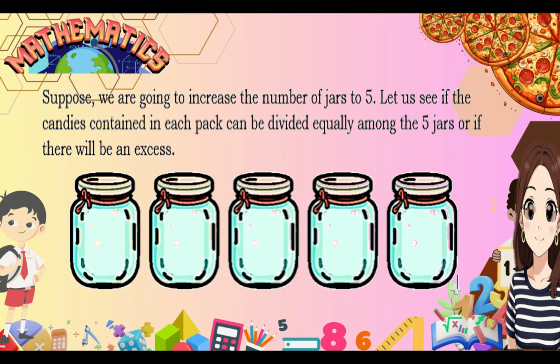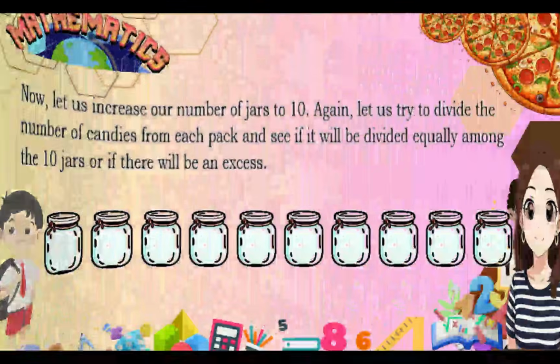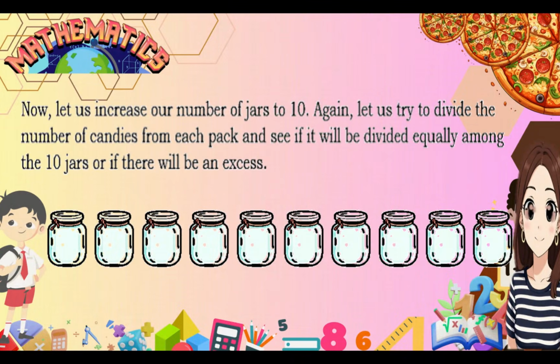Let us see if the candies contained in each pack can be divided equally among the 5 jars or if there will be an excess. And now lastly, let us increase our number of jars to 10. Again, let us try to divide the number of candies from each pack and see if it will be divided equally among the 10 jars or if there will be any excess.